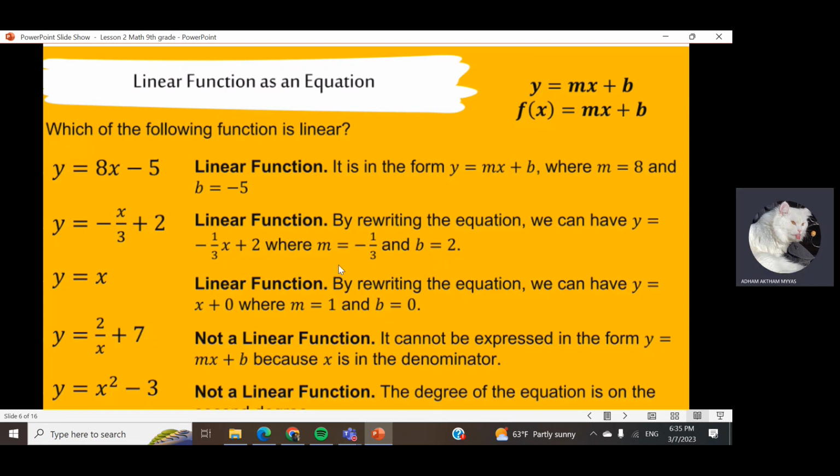The other function, x squared minus 3, is not a linear function because the degree of the equation is not 1. It has to follow the formula of the linear function, which is mx plus b.